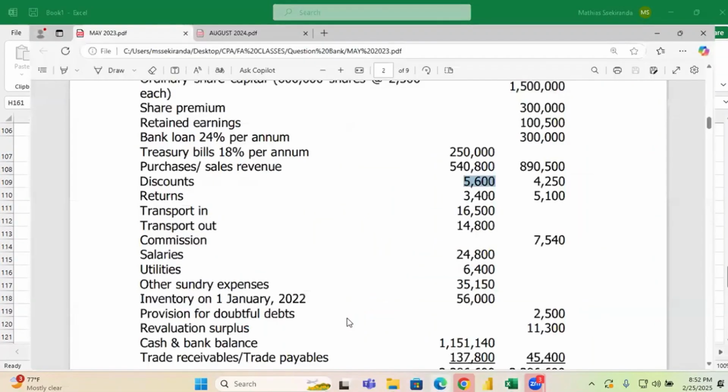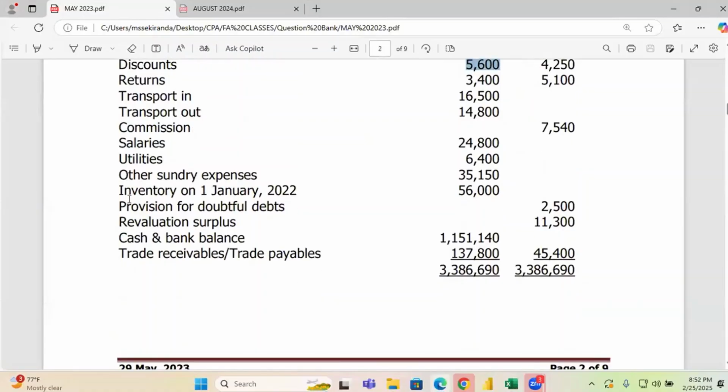That one in the trial balance will be maintained in the balance sheet. Remember, since they have not given us new computations, it means it stands. So there is no increase, there is no decrease. That's why in the profit or loss, we don't put anything.